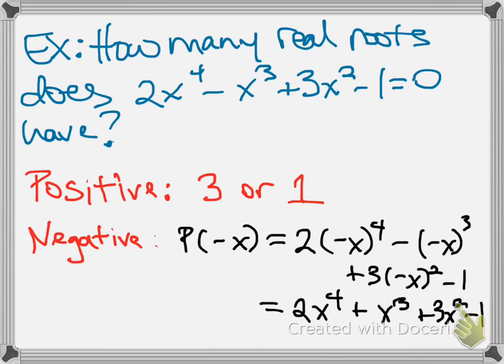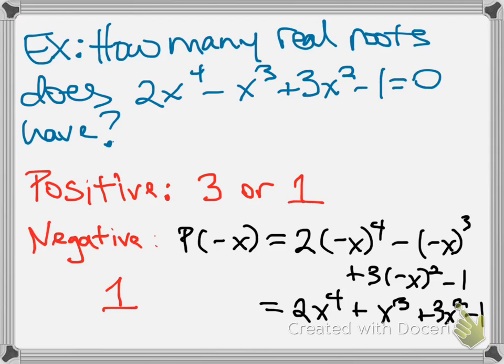So in this case, there's only 1 sign change, which means there can only be 1 negative real root to our polynomial. And because there's only 1, that is the only possibility. We have to have 1, because if we reduced 1 by an even number, like I was saying earlier, that would give us a negative number of real roots, and that doesn't make any sense.